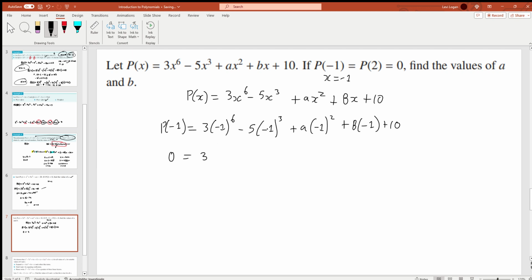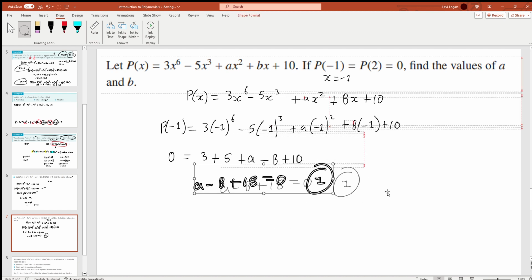This here is an odd term, so that's going to be negative 1 times by negative 5, which is positive 5. This here is going to be plus a because of the squared term. This is going to be minus b plus 10. So what we're going to get is a minus b plus 18 equals 0. So that's our equation 1 pretty much. So we'll move that to the side and use that in a second.